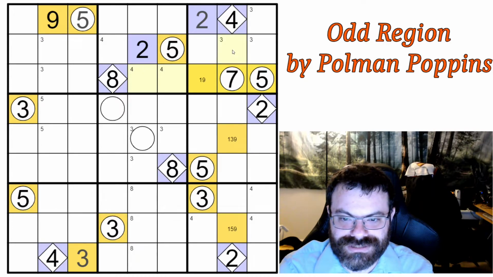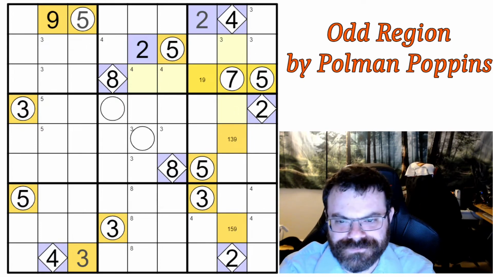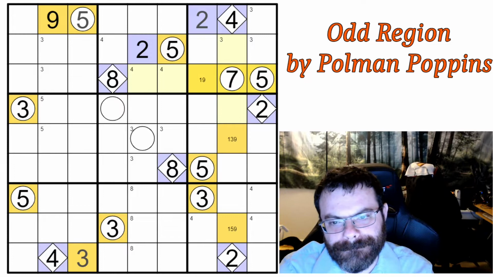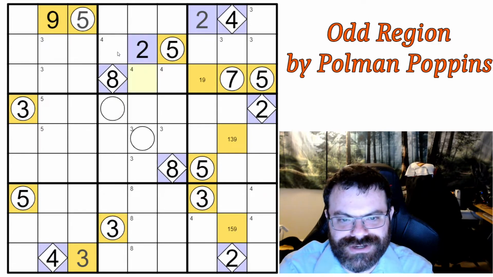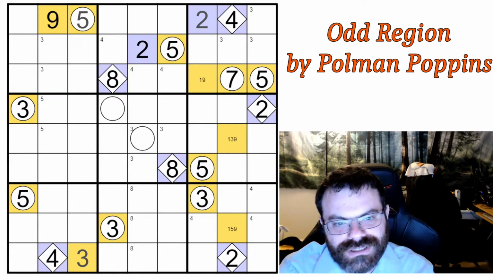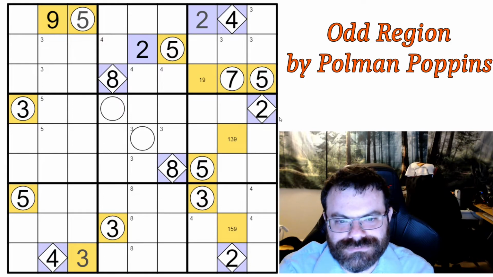Interestingly, if we took all 5 of these, we couldn't take this one, because then we'd be seeing 6, but there's only one other cell to take, and that would give us 2 more odds. But we obviously don't have to take both of those. Given this 8 here and the 2 here, I'm imagining that we probably don't. But we can't guess like that.